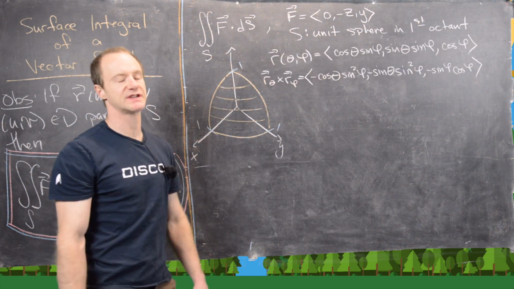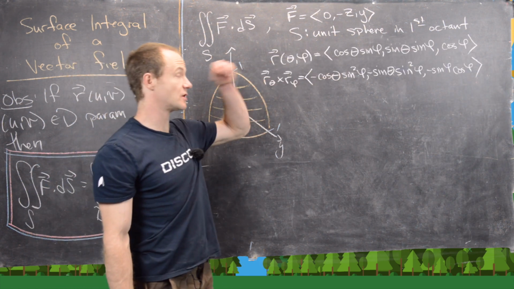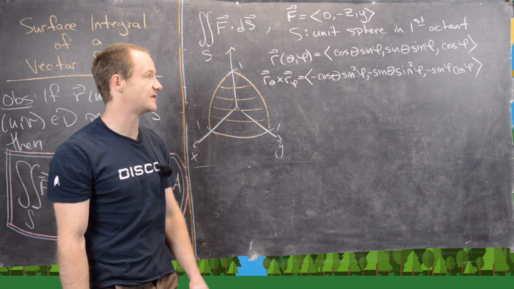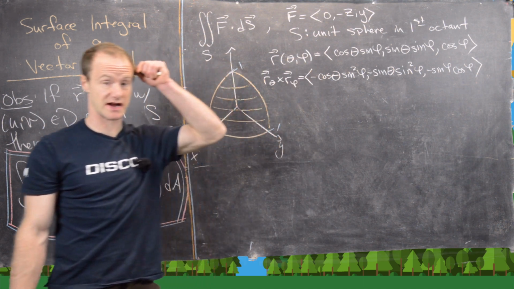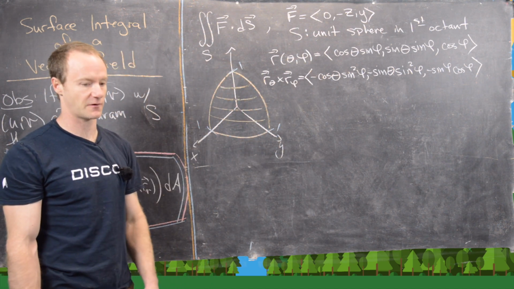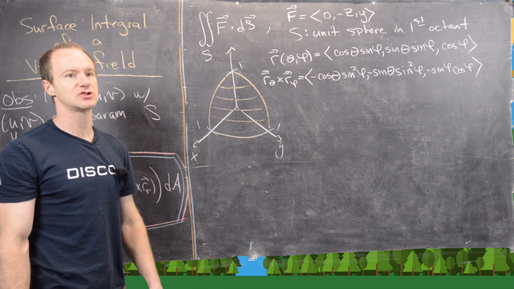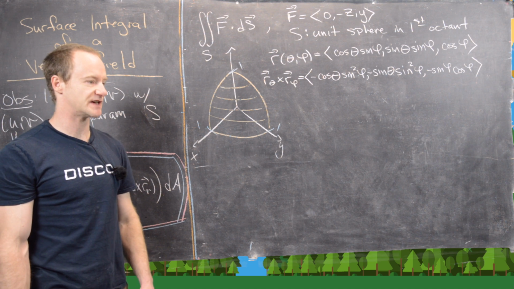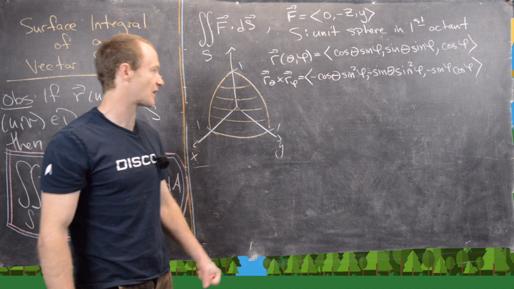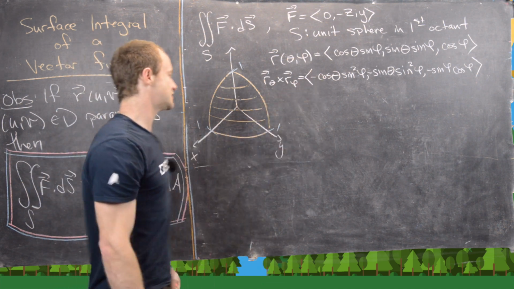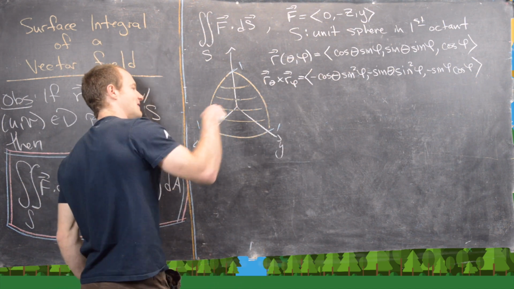We've got this parameterization r theta phi, so cosine theta sine phi, cosine phi, and then we have r theta cross r phi is this object right here. Now here's something to be careful for. If the problem tells you whether your parameterization should be oriented in one direction or another, you have to be careful, because notice this normal vector is oriented back in that direction.